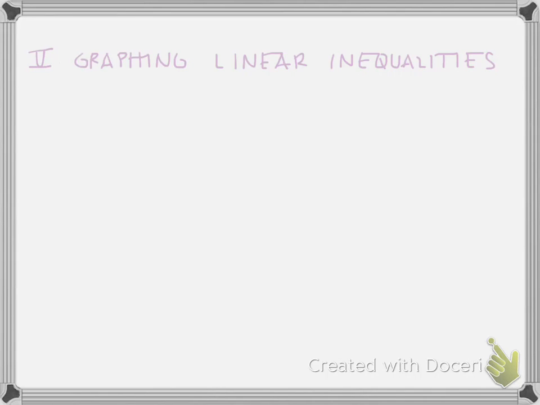Linear inequalities. Okay, so here we're going to have an inequality sign. Anytime you have a less than or a greater than sign, you will have a dotted line. And a greater than or equal to, or a less than or equal to, you will have a solid line.